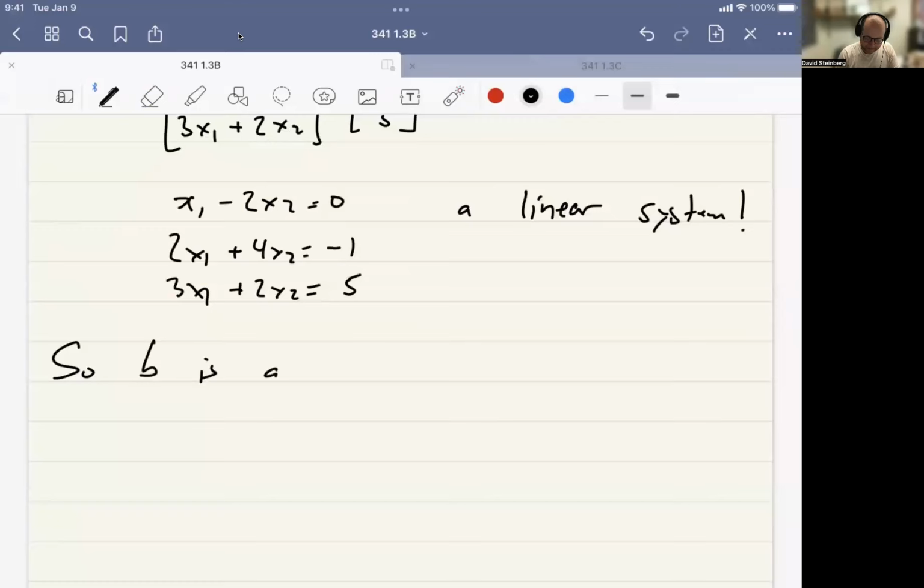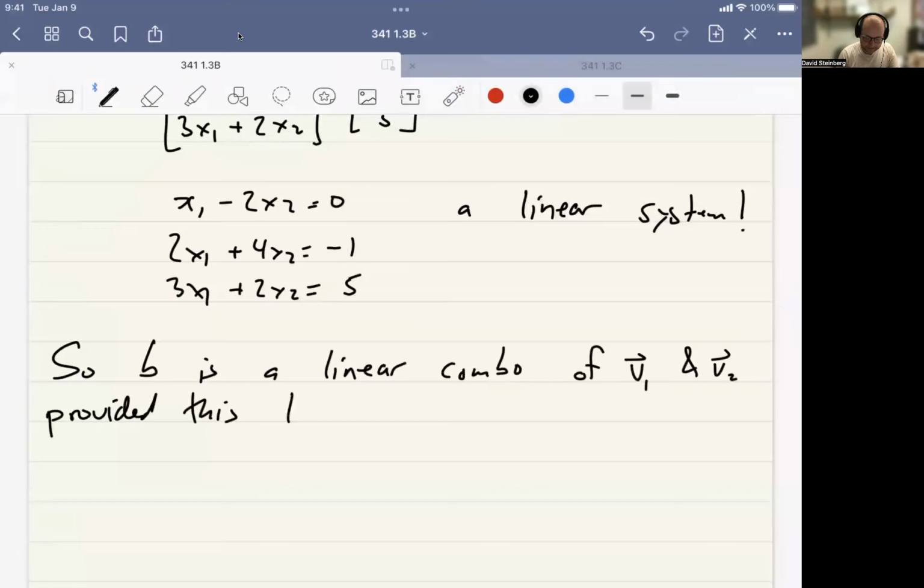I'm going to say linear combo now and forever because combination is a long thing to write out and to say. So b is a linear combo of a1 and a2 provided this linear system has a solution.